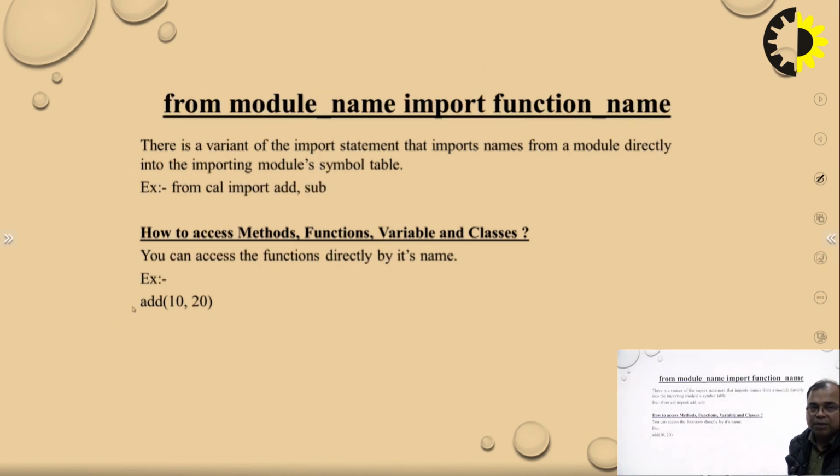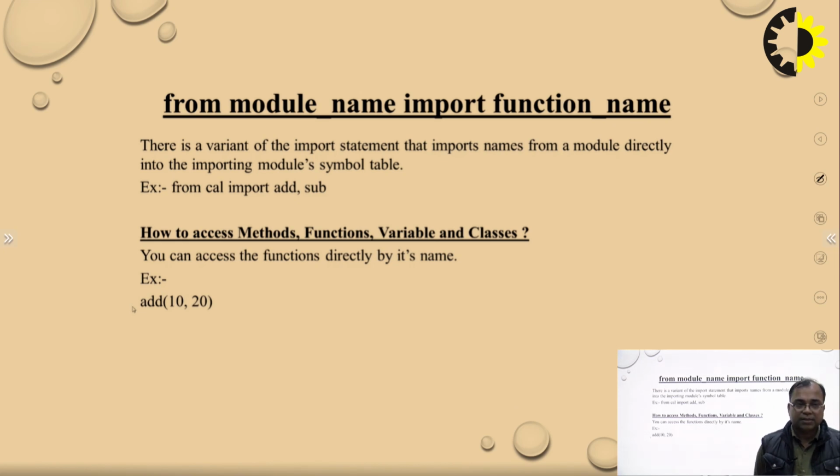From module name import function name. How do we import with the help of a function? There is a variant of the import statement that imports names from a module directly into the importing module's symbol table. We can write it like that: from call import add, sub.